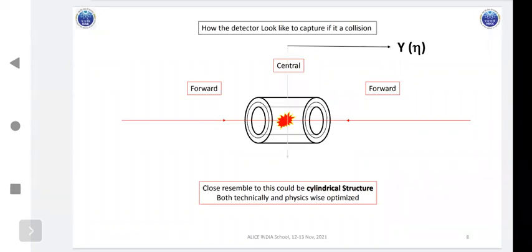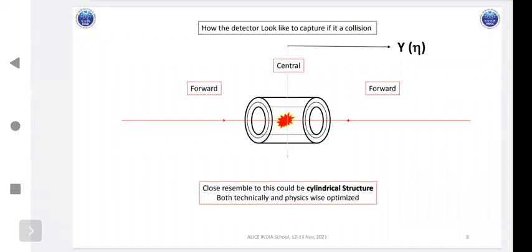This is exactly the reason that if you look at any of the complex experiments in the present high energy physics domain, they are all of cylindrical shape. Different types of detectors are stacked together in an onion-like structure, one after the other, in a cylindrical structure, along with two detectors packed from the two sides. Those are called end-cap detectors.